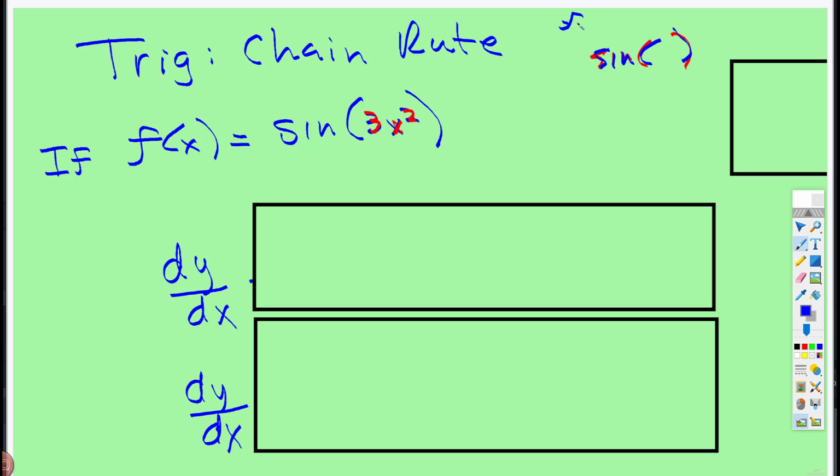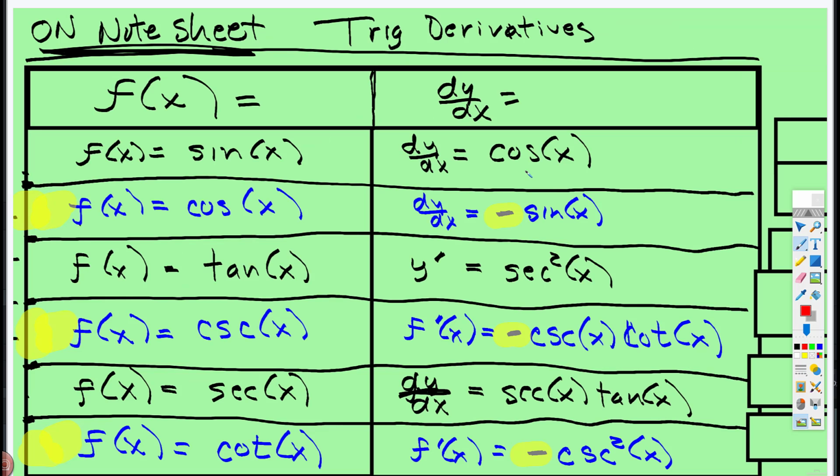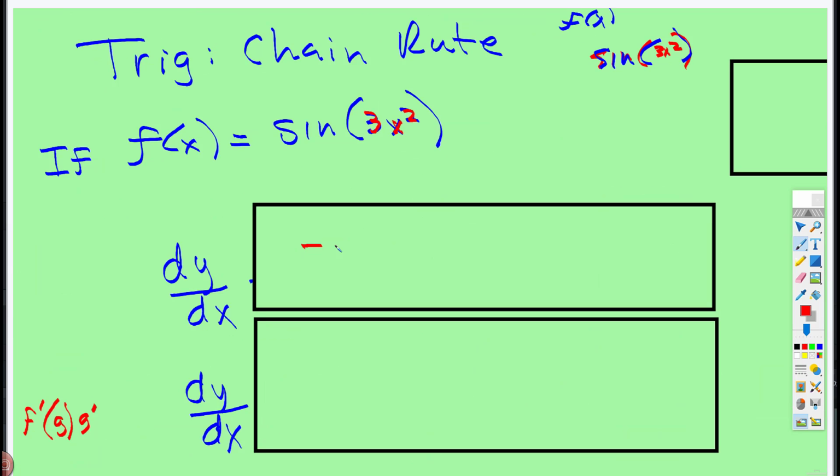So sine is the f of x, and then g is the 3x squared. Remember the chain rule. You take the derivative of the outside function, leave the inside g function, and then multiply it by the derivative of the g. So remember what we said, the derivative of sine is cosine. So first thing we're going to do is just say cosine and then leave 3x squared in there.